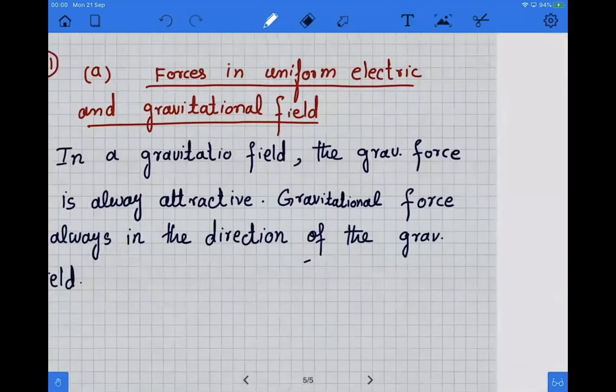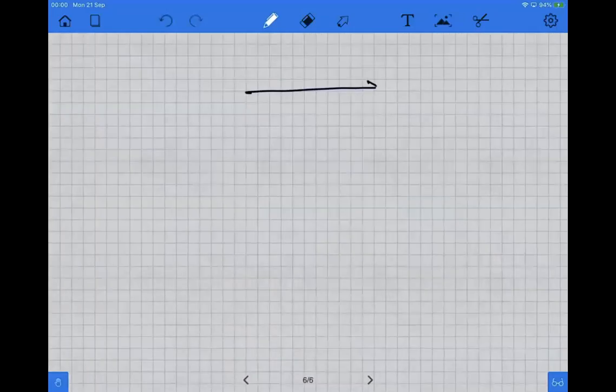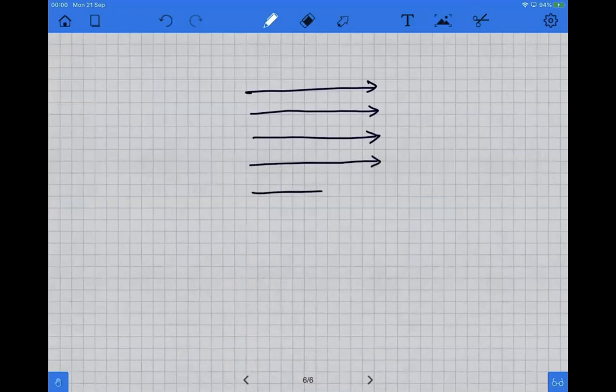So one thing that you must know is that if this is a uniform gravitational field, the field lines, their arrowhead, represent the direction of the gravitational force on a 1 kg mass, and the uniform spacing here shows that the field is uniform.